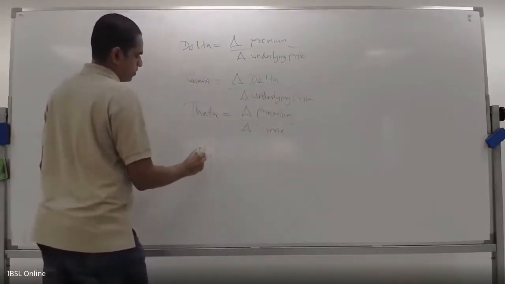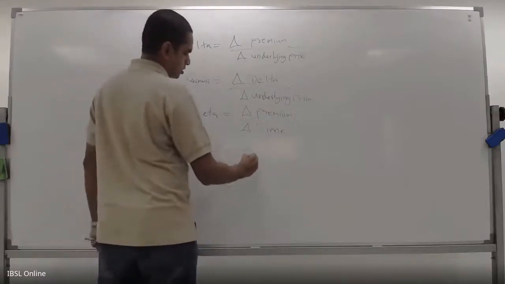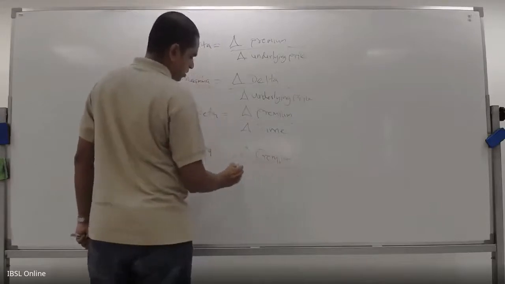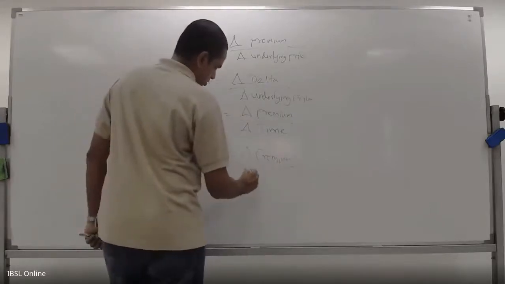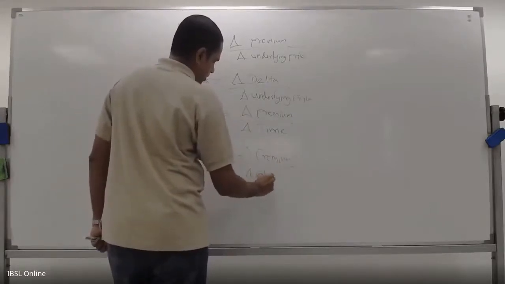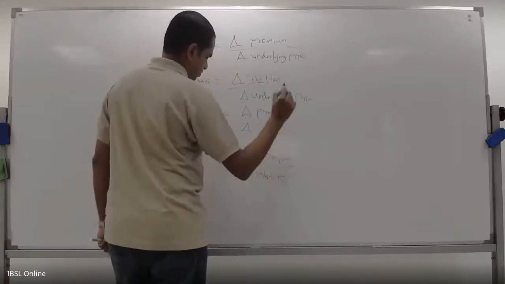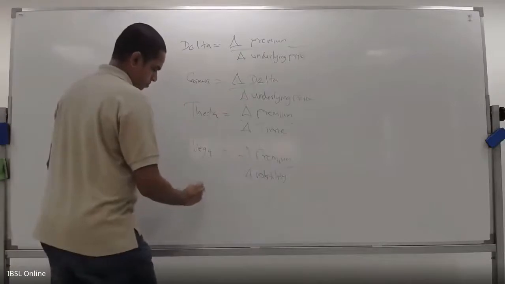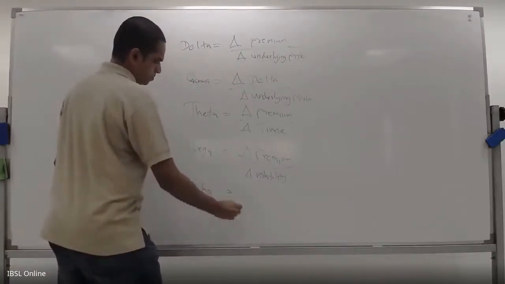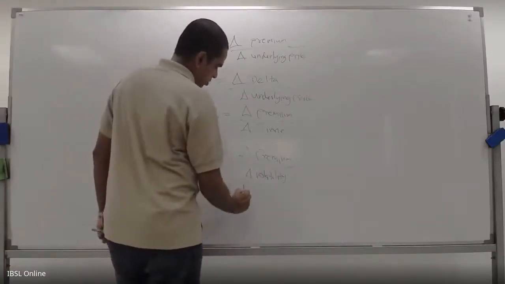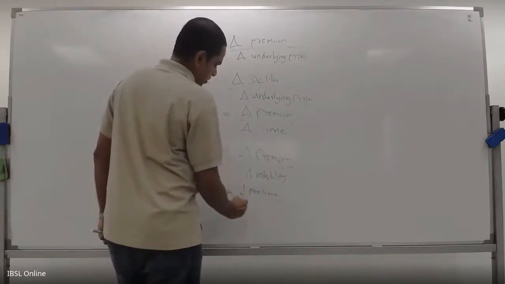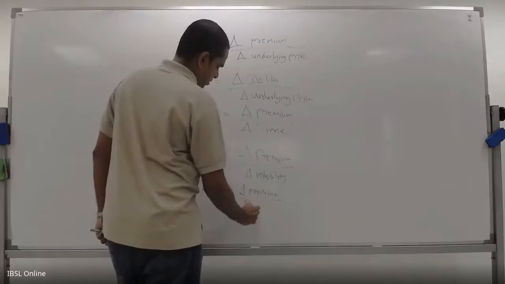Then we have vega, which is the change in premium divided by the change in volatility. And rho is the change in premium divided by change in interest rates.